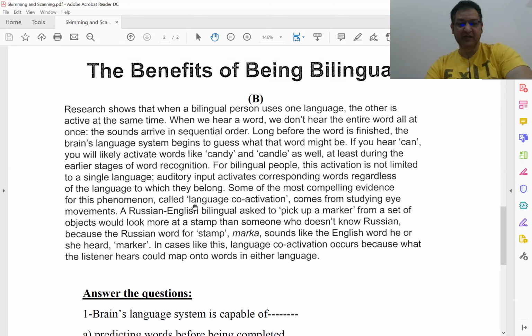Where is it? Yes, I can find this word here, language co-activation. Let me start from the beginning of the sentence: some of the most compelling evidence of this phenomenon, called language activation, comes from studying eye movements. If you need to read more sentences, that's okay.